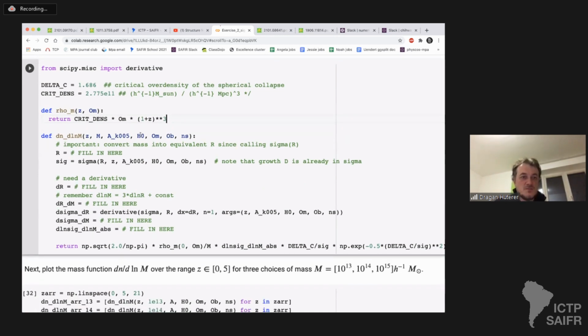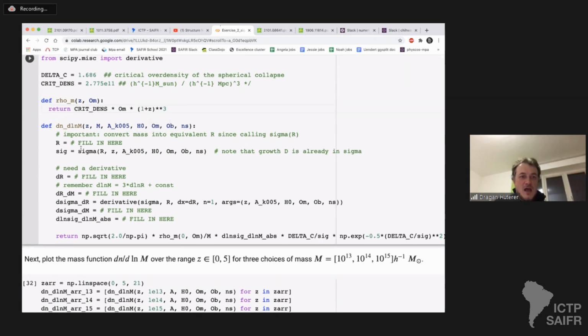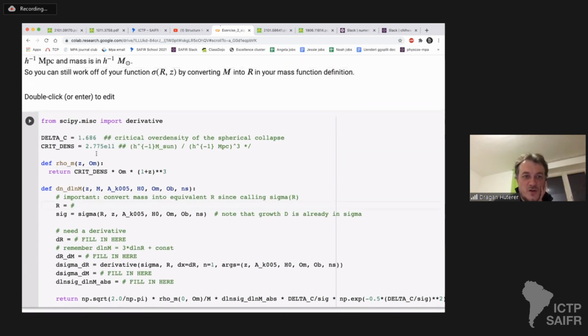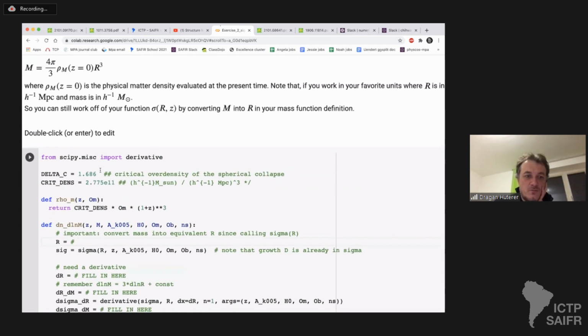Now you have the mass function, and I'm asking you to do a few things. First of all, the mass function is a function of mass, but sigma is a function of R, so you have to convert from one to the other.